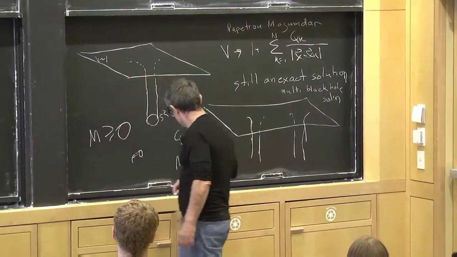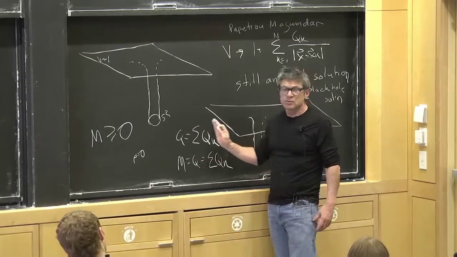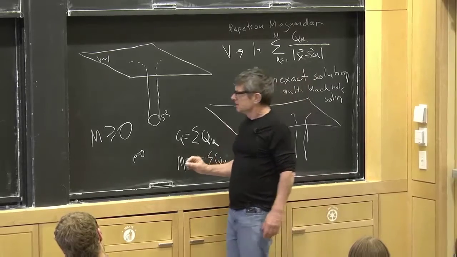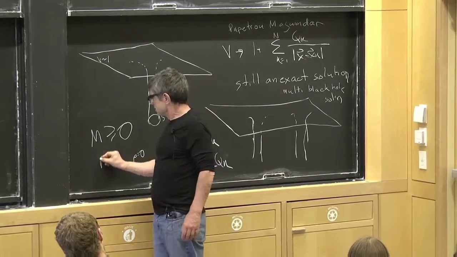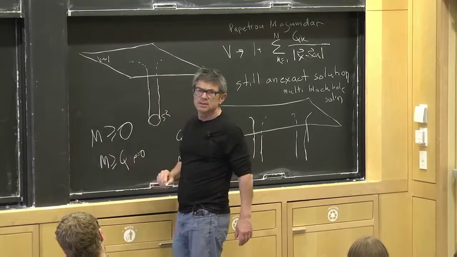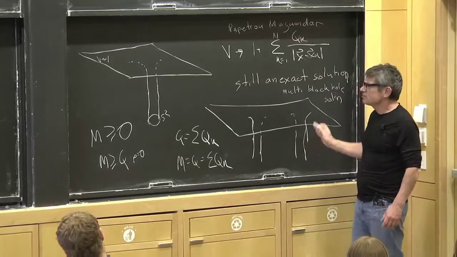But if you have the Einstein-Maxwell equation, which is what we're solving here, there's an even stronger bound: the mass is greater than or equal to the charge. And these solutions saturate that bound.